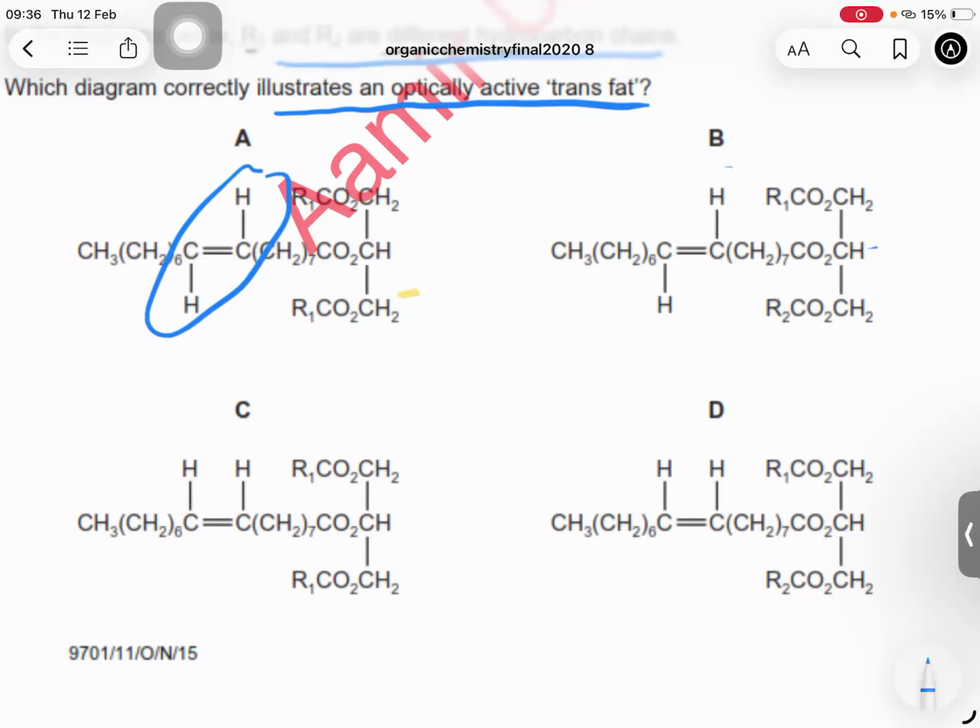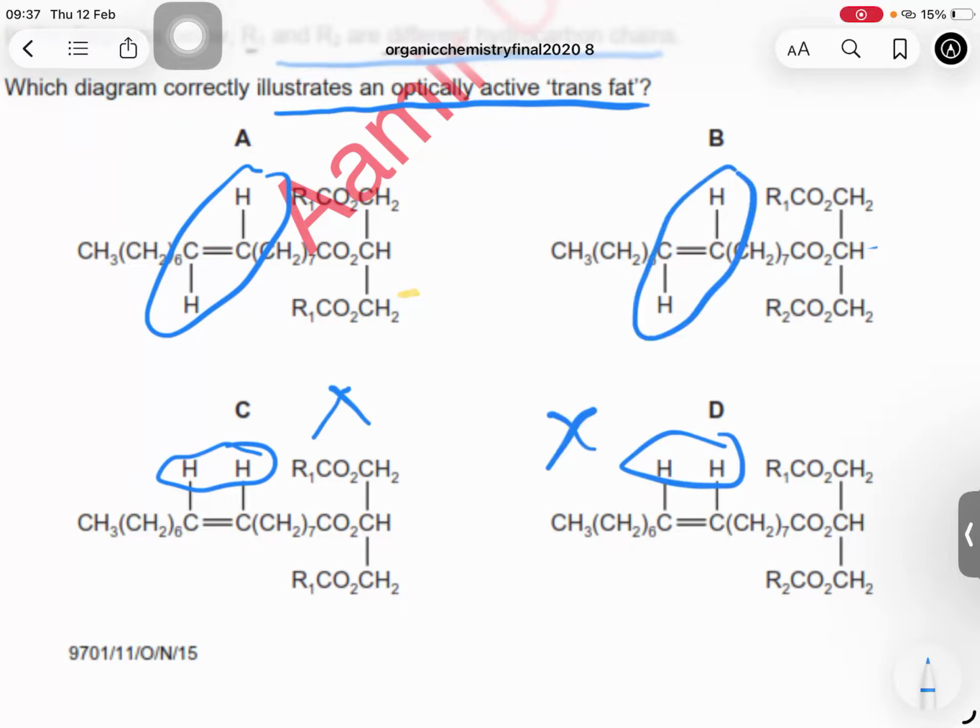Okay, so this is trans, A. What is C? Cis. What is D? B is trans. And trans means optically active, it should have a chiral carbon. So which one has the chiral carbon?